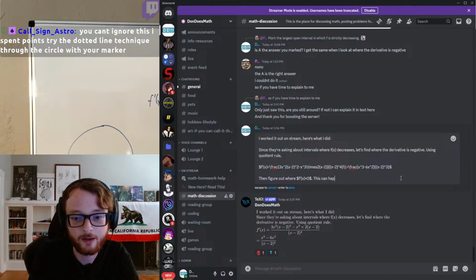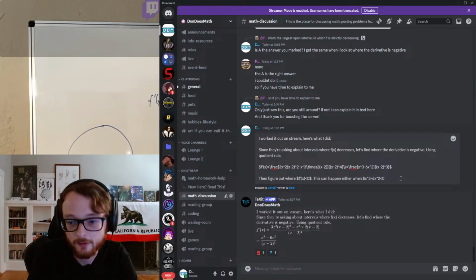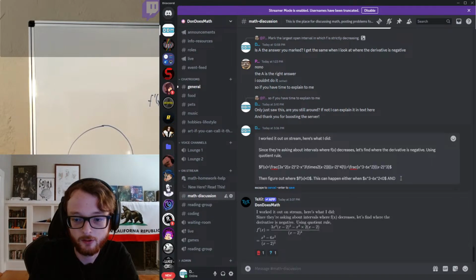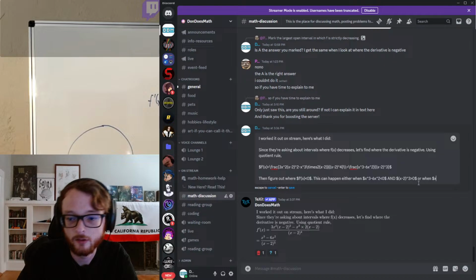This can happen either when x cubed minus 6x squared is less than 0, and x minus 2 cubed is greater than 0, or when these same things are flipped.